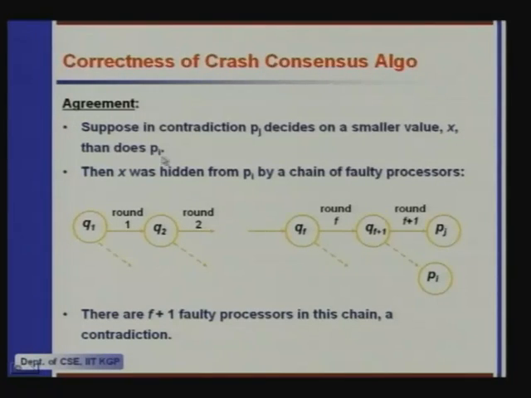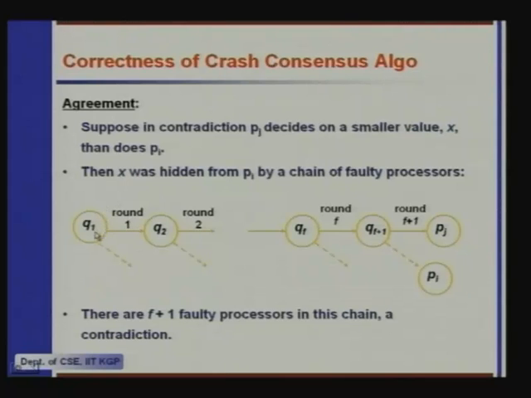That means that Pi never got the value x, because if in any round it had got the value x, it would have taken the min among all the values and become x, since in every node the values just decrease, they never increase. So, x was hidden from Pi by a chain of faulty processors.